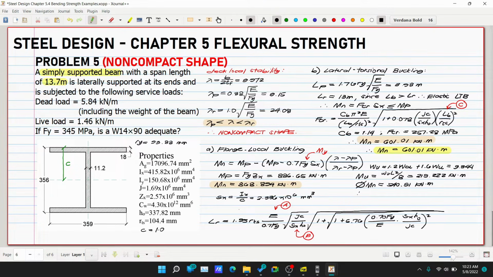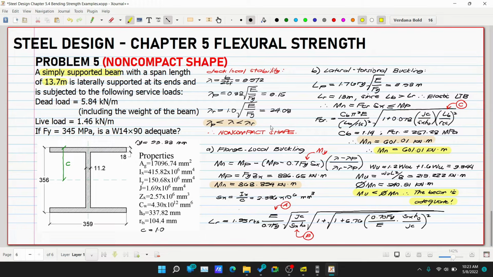So since ang ating MU is less than sa ating design strength, therefore, yung ating beam is adequate. Okay, so ito yung ating final conclusion and answer.